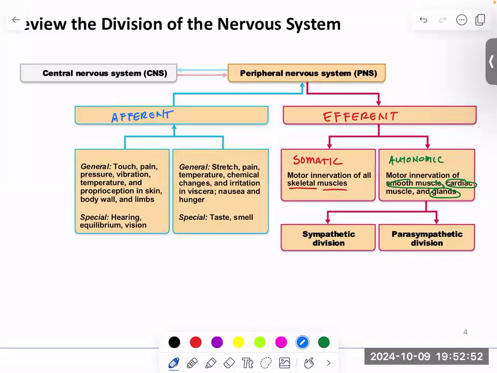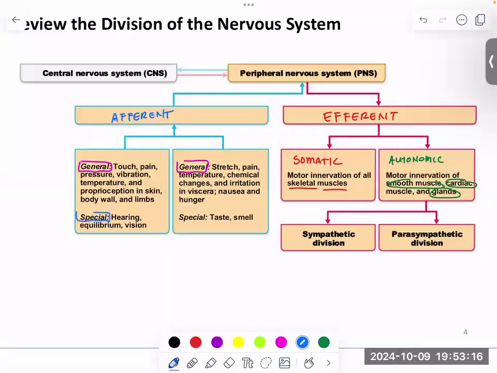But what I want you to remember out of those is they both have general senses: touch, pain, stretch, temperature, chemical changes, irritation, nausea, and hunger are general senses. The special senses have the organs.